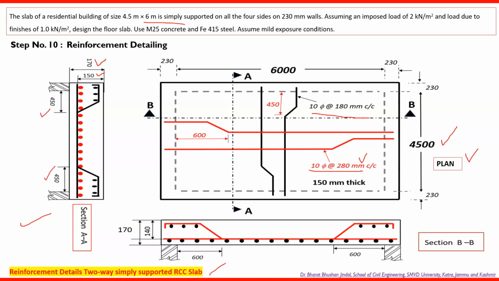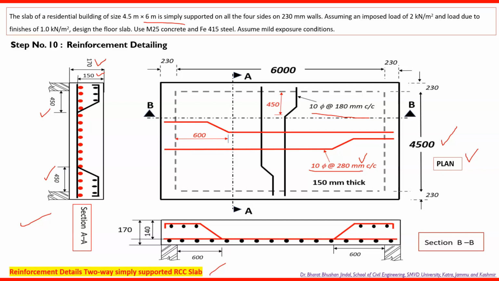Now, if we take section BB, which is parallel to the longer span, you can see the black color bars, which we have provided parallel to the shorter span, only as a cross section, that is the dotted lines, and the red color bars are the bars which are parallel to the longer span.